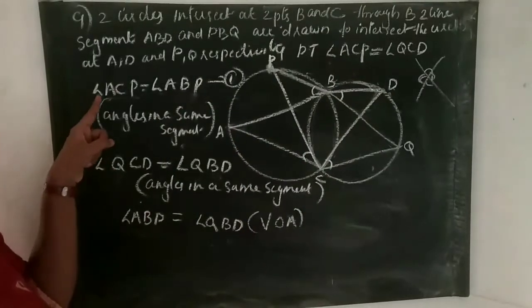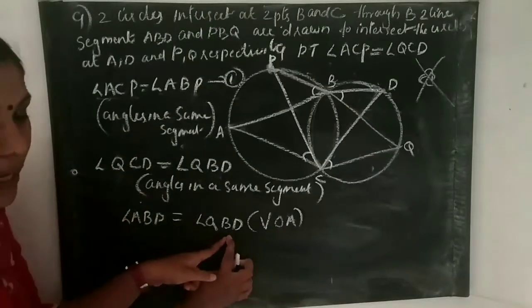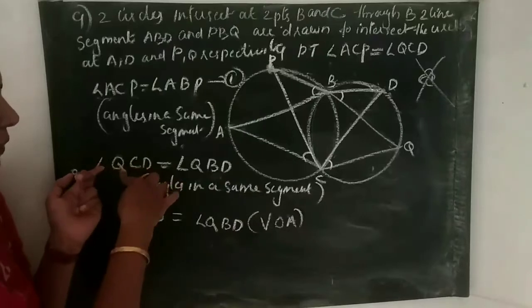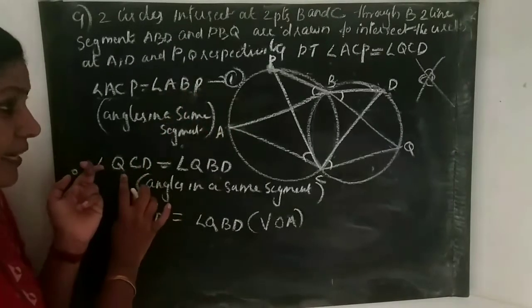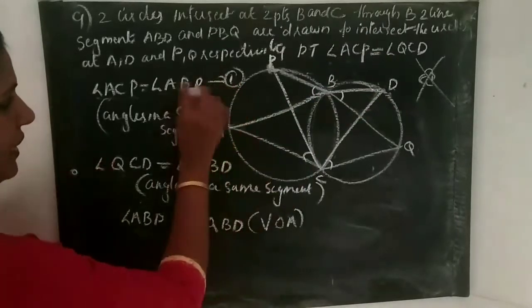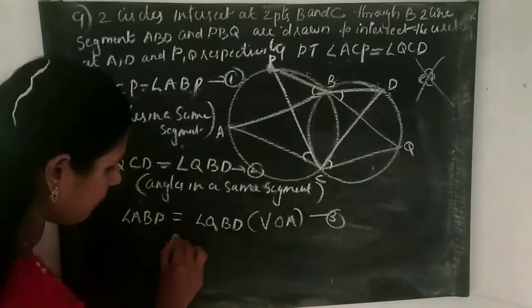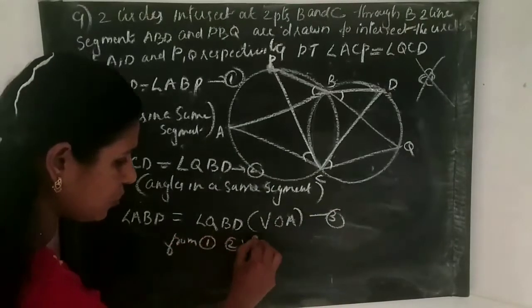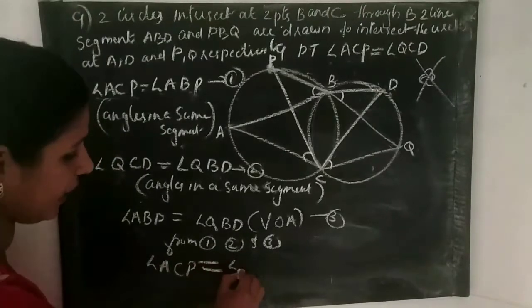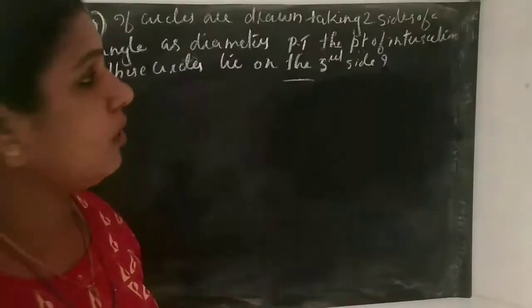It is equation 1, 2 and 3. From 1, 2 and 3, angle ACP equals angle QCD. Hence proved.